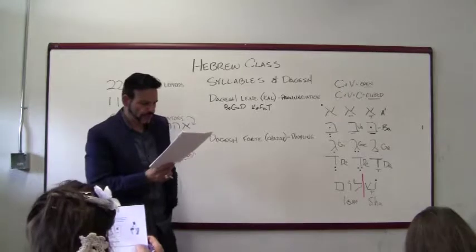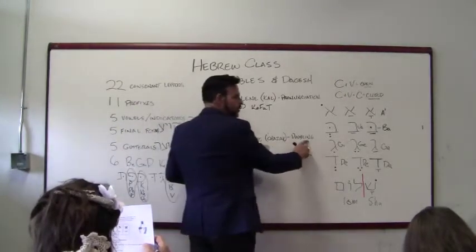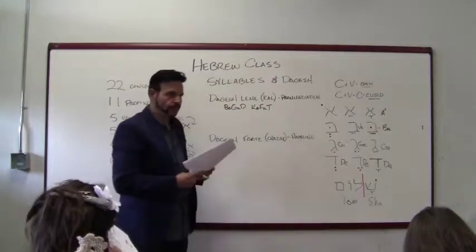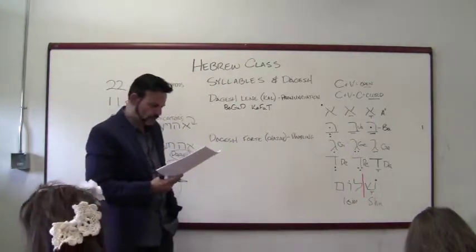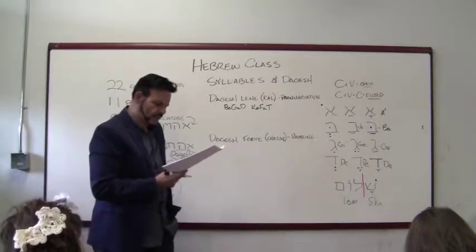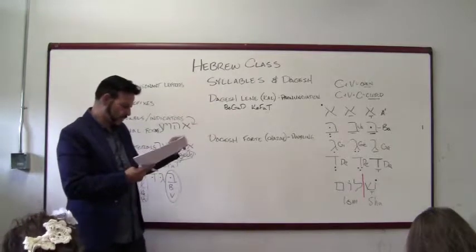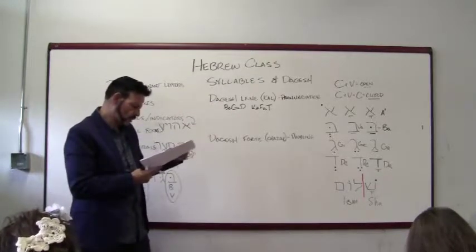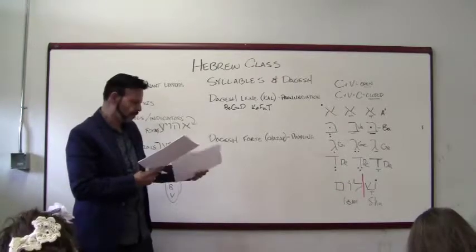They will never take a Dagesh forte, which doubles a letter, because you never double a guttural. It's too hard to have two guttural sounds back to back. So you're not going to double a guttural, which is the dot inside the letter. You will learn more about this with dotted letters. That's obviously another lesson. That's all I want to show you on that page.